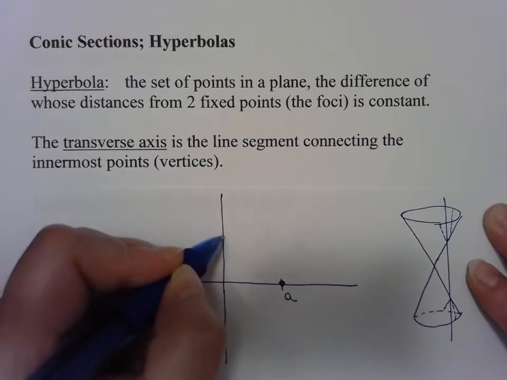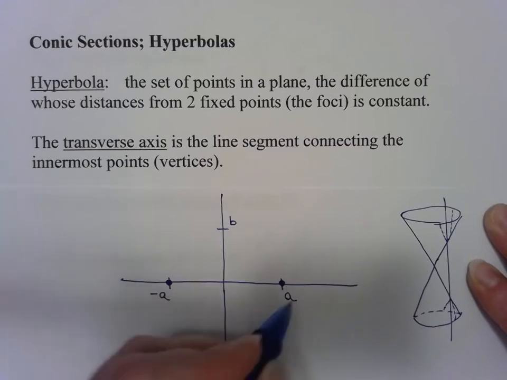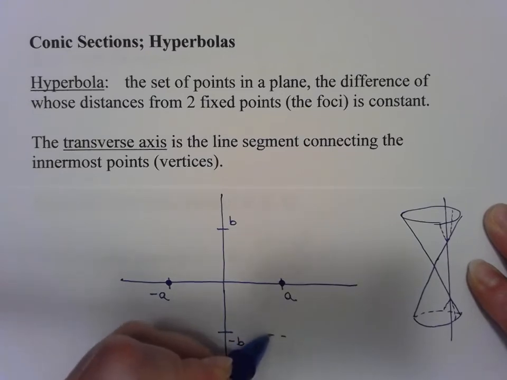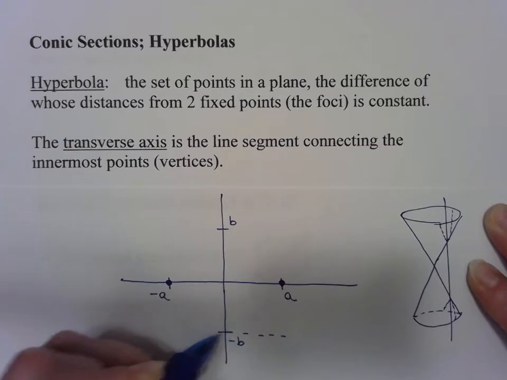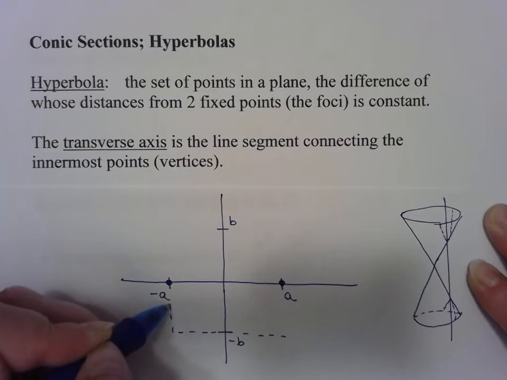To draw it, we usually mark off the values for A on either side on the transverse axis, and then the values for B on what maybe could be called the minor axis. I like to draw in this dotted box.